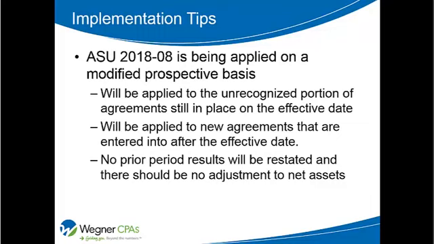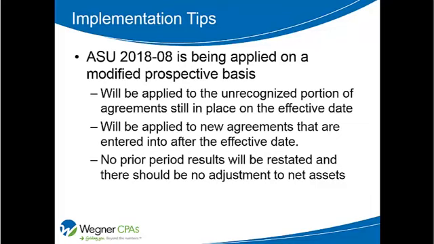So if on December 31st, 2019, you have an agreement and you still have some revenue that has not been recognized, you'll have to review the agreement and figure out whether you recognize it at December 31st, 2019 or not, based on the new standard, okay? It will be applied to any new agreements that are entered into after the effective date. So any agreements that you enter into starting in 2020, you will need to apply this new standard.